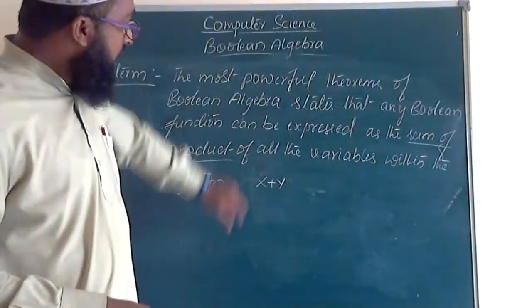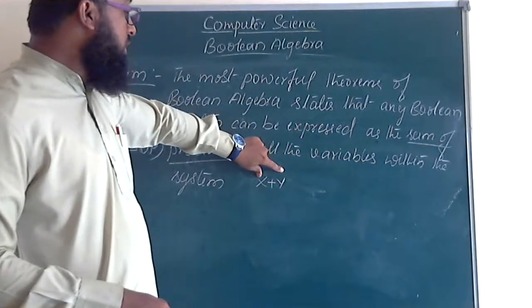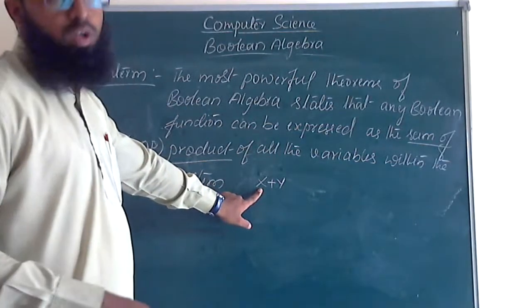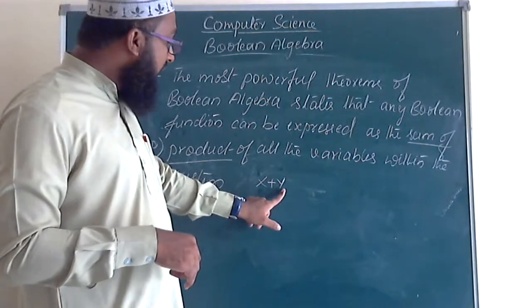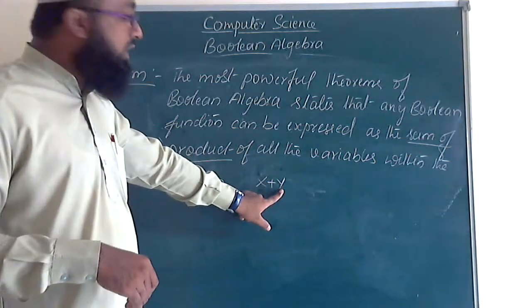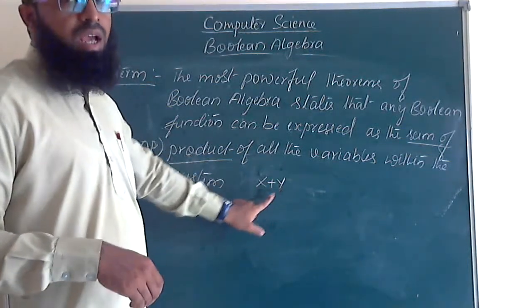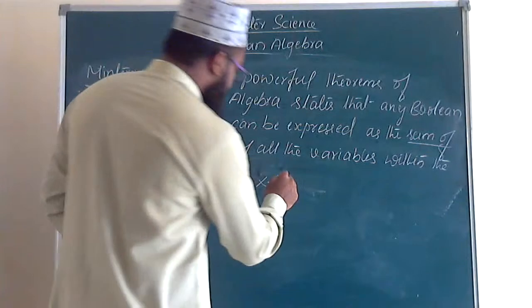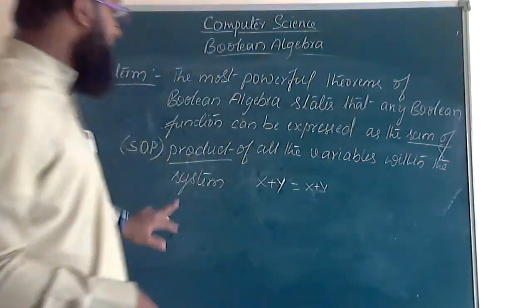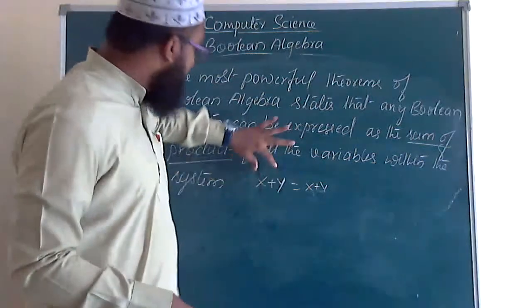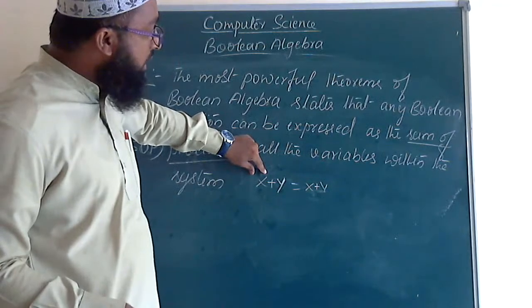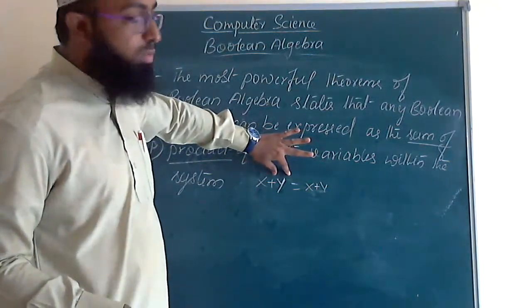Think of x as also containing several products, not one product. Y is also containing several products. If we add these two, it is again x plus y. It means the sum of all the products, here is also some kind of products, here also some kind of products.